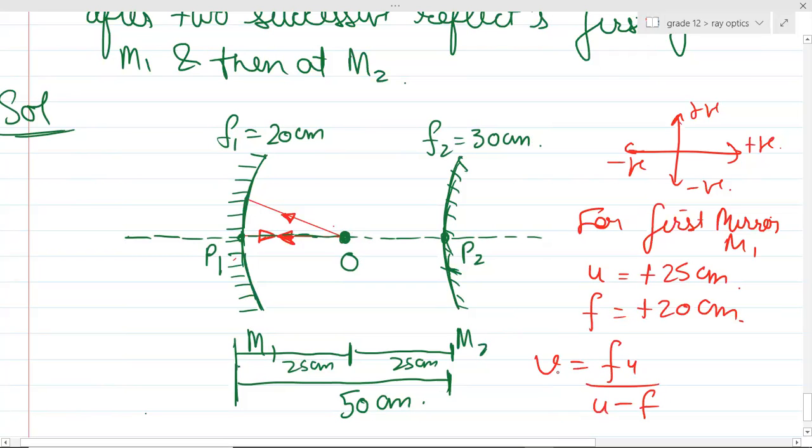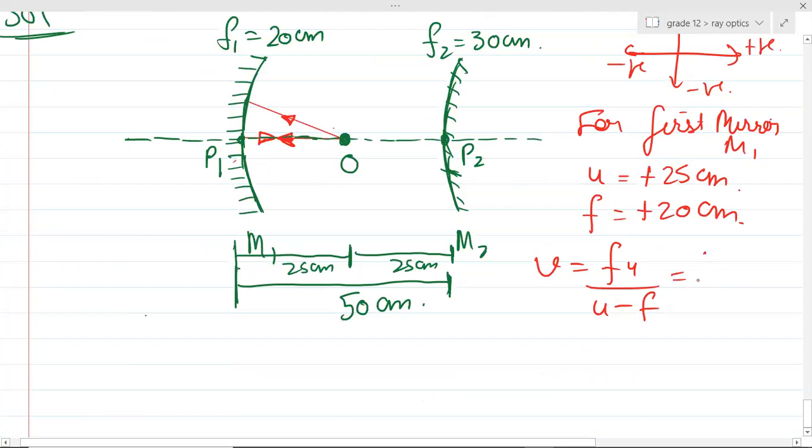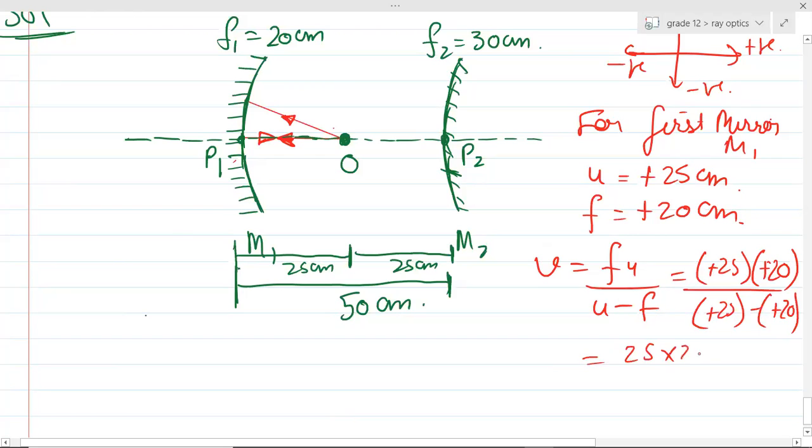Either you can calculate like this or by the conventional method, 1 by V equals 1 by F minus 1 by U, and solve. So V is plus 25 times plus 20 divided by plus 25 minus plus 20, so this will be 25 into 20 divided by 5, which will be 100 centimeter, right?